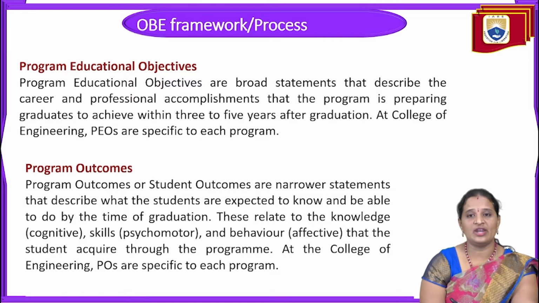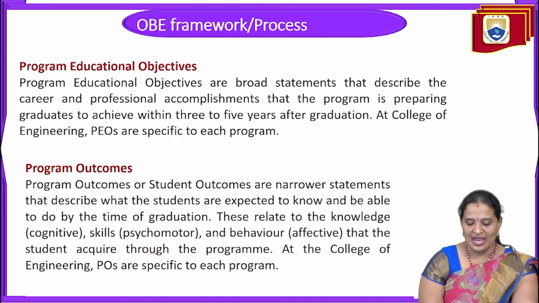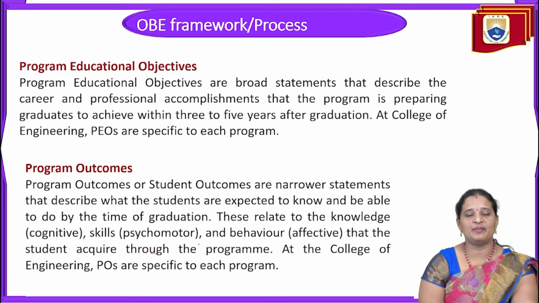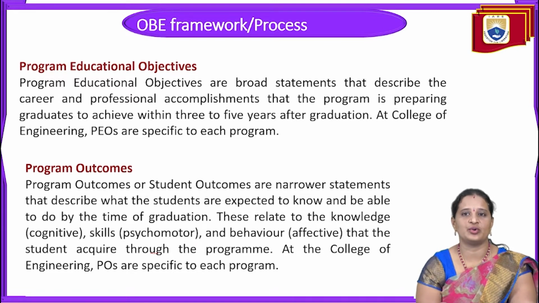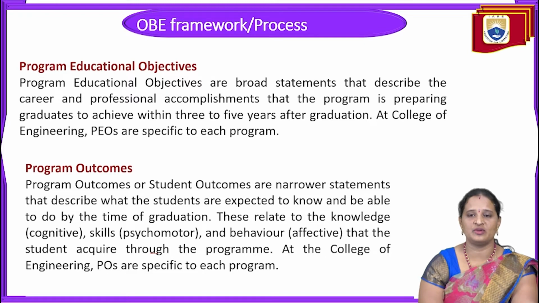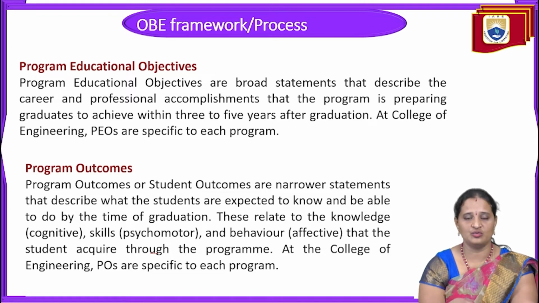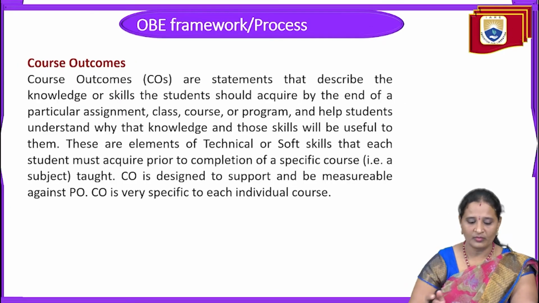These relate to the knowledge, that is the cognitive level, skills, that is psychomotor, and behavior, that is affective, which the student acquires through the program. At the College of Engineering, the POs are specific to the program. That means a program is nothing but either a BTech, that is UG, or PG.